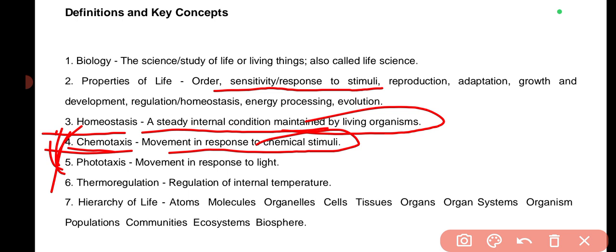And if it is negative, it means it's against that particular thing. Same as phototaxis. For example, if a plant moves in direction of light, that's positive phototaxis. So movement in response to light, if it moves away from it, that's negative.